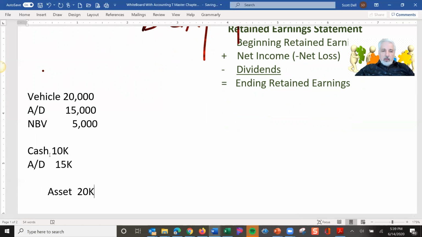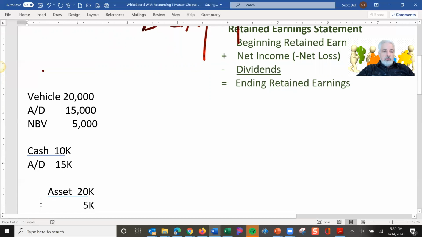I sold it. Now I'm not in balance, am I? How much am I off by? Let's see, 25 here and 20 here. I have something going on here that I need to record $5,000 to balance it. Now, is this a gain or a loss? Well, expenses are debits, revenues are credits. This is a credit.